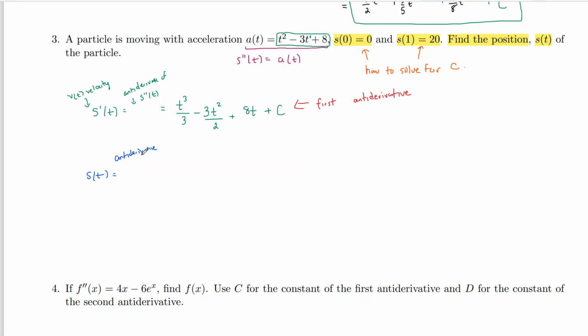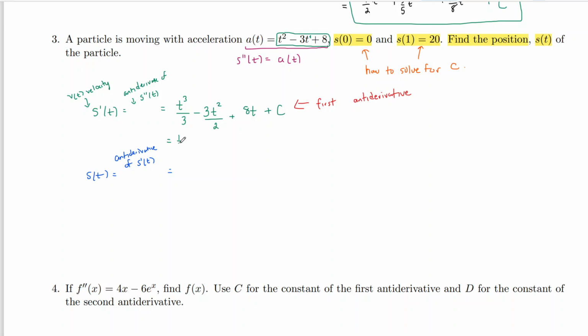So s of t is the antiderivative of s prime of t. And we just figured out that s prime of t is this. All right, so how are we going to do the antiderivative of this? Well, one thing that might help, which I'll go back and do, is because I have this 3 on the bottom and this 2 on the bottom, I'm going to slightly rewrite this.